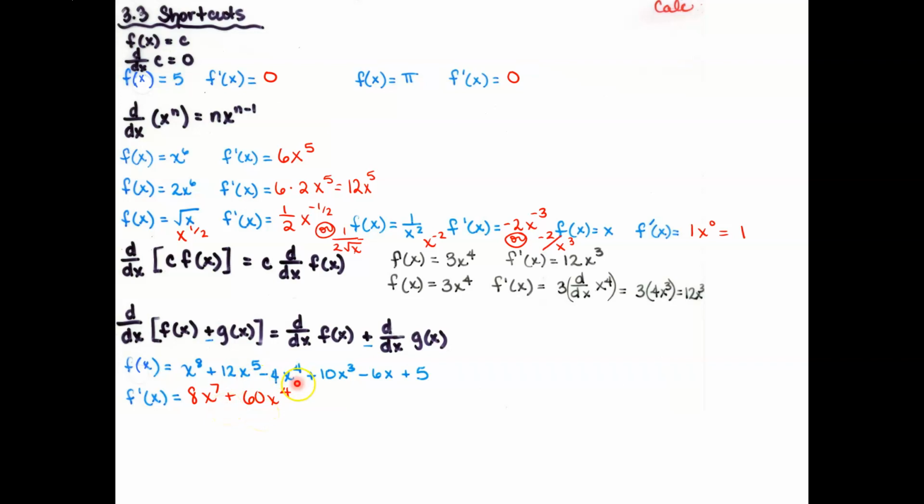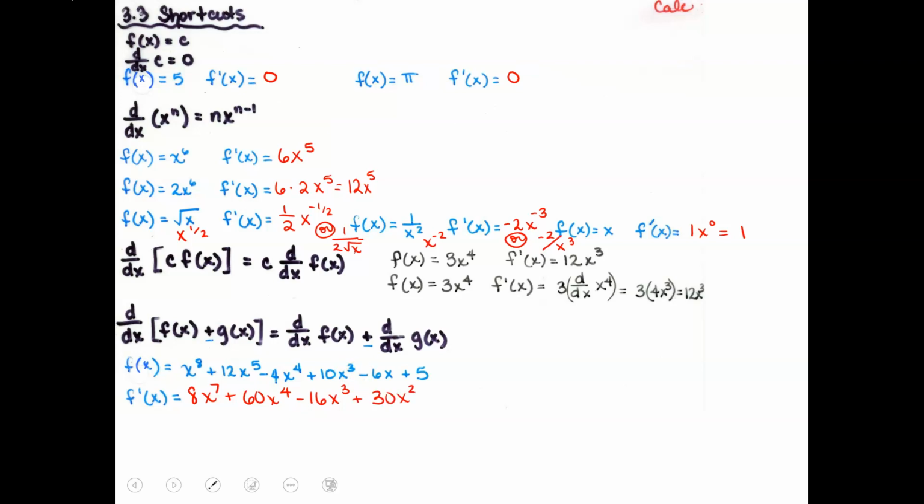All right, similarly for this next one, the derivative of 4x to the 4th, 4 times 4 would be 16, and then x to the 3rd. So again, when you have two things that are being subtracted, you can do those two separate derivatives and then subtract.